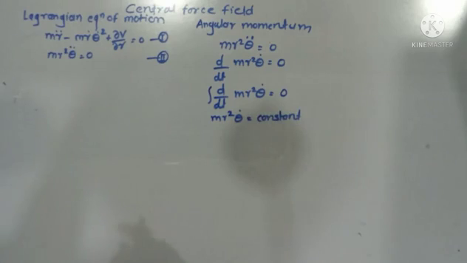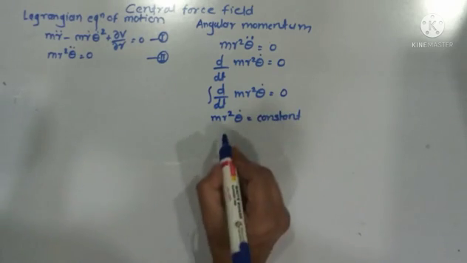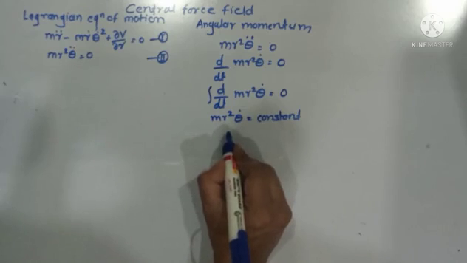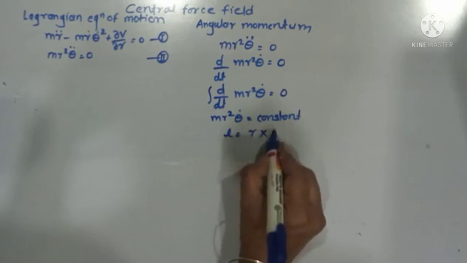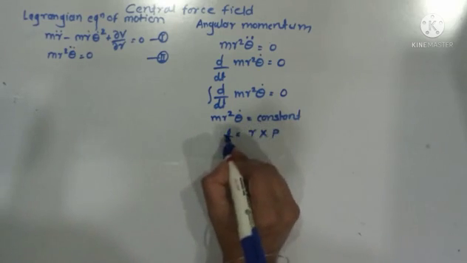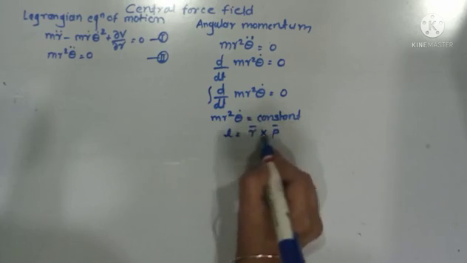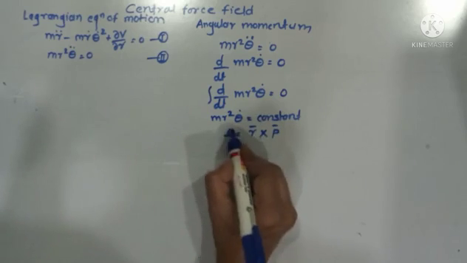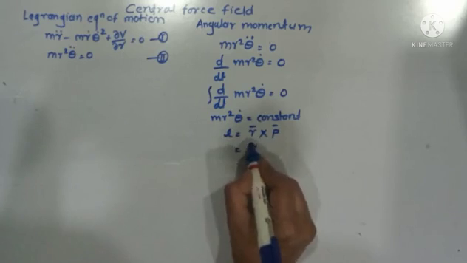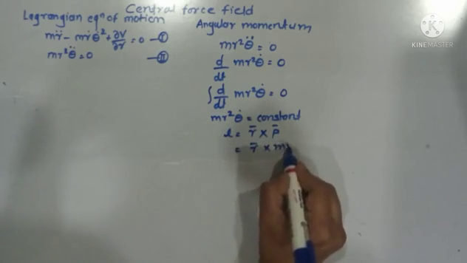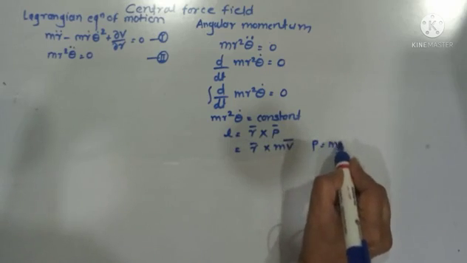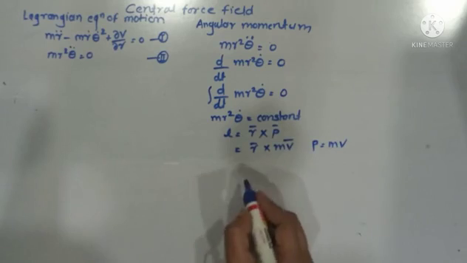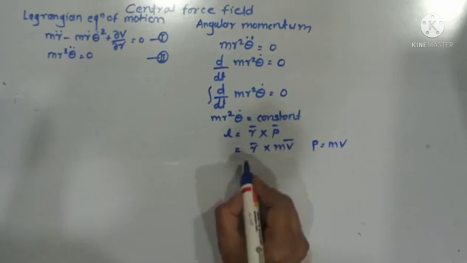Now if I write L is equal to r cross p, which is a definition for the angular momentum, I can put this p as mv, where p is equal to mv, mass into velocity. P is a momentum.